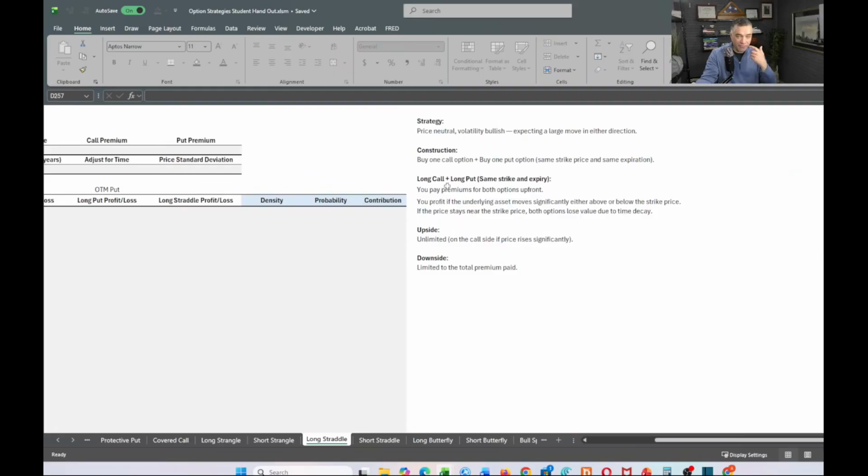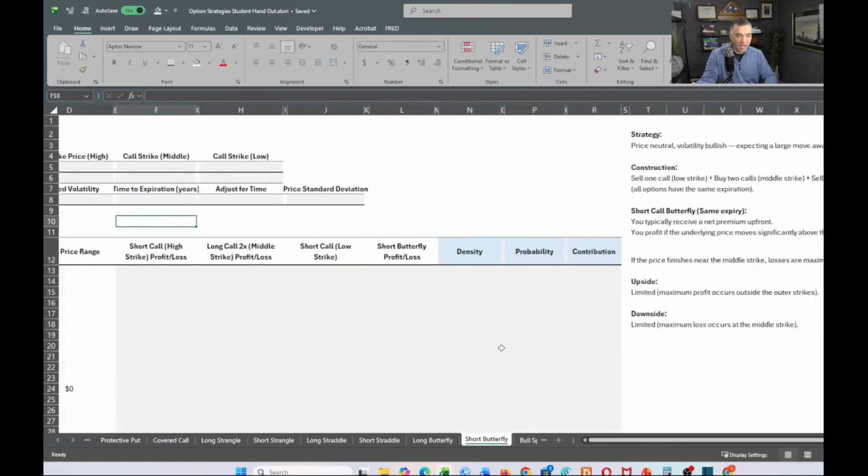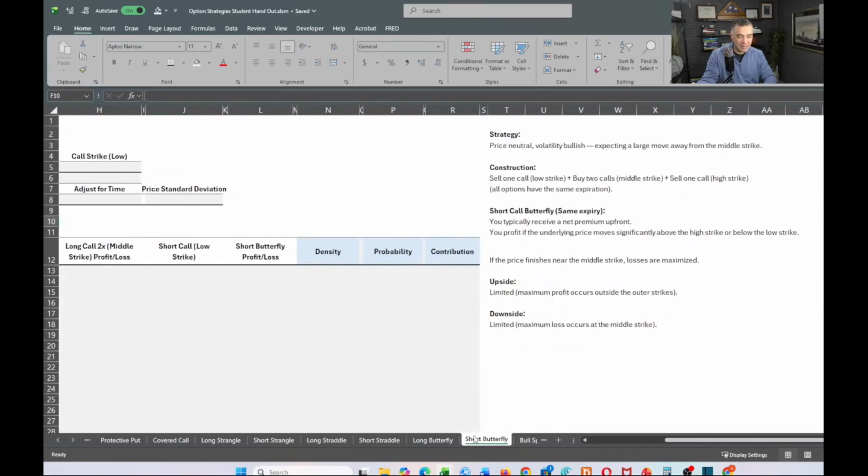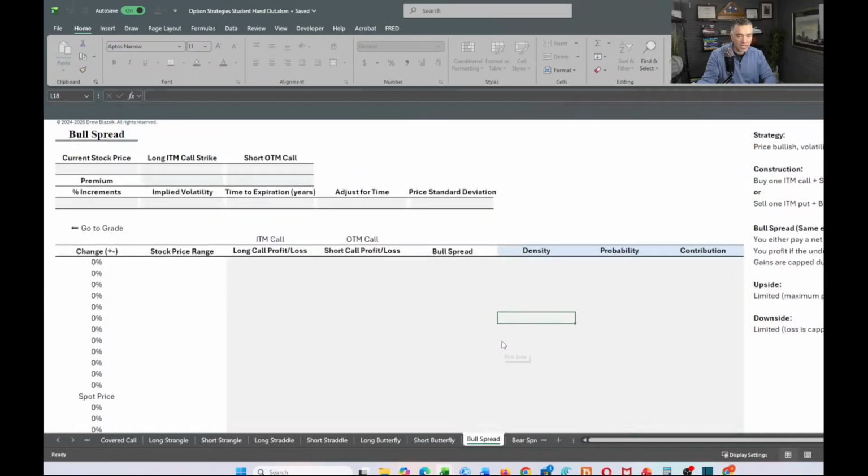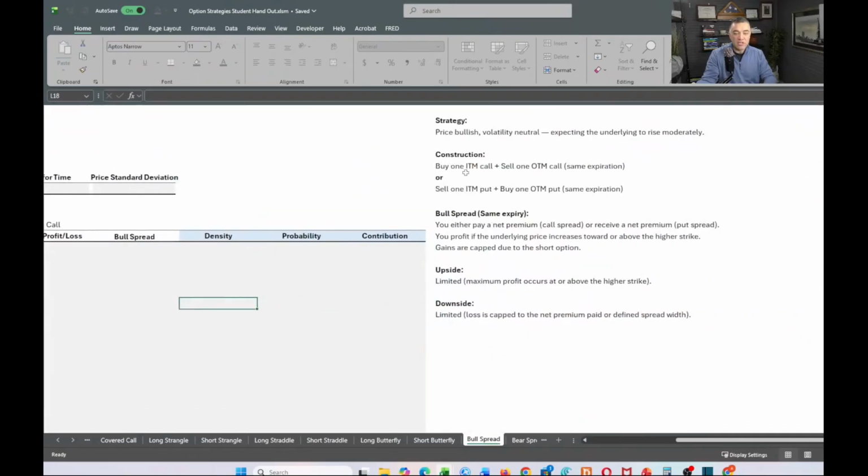So let me explain a few things. Just remember, I think a butterfly has this, maybe a bull spread, so you have to be very cautious. And when we do it, it's in the money, out of the money. That means if it's, let's say, a put, if it's in the money, you have to put the strike price in the money.